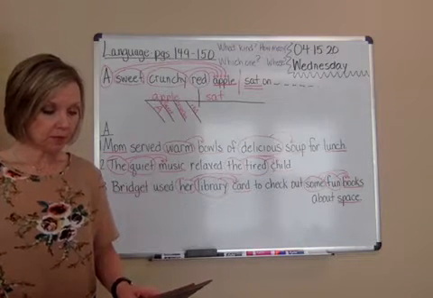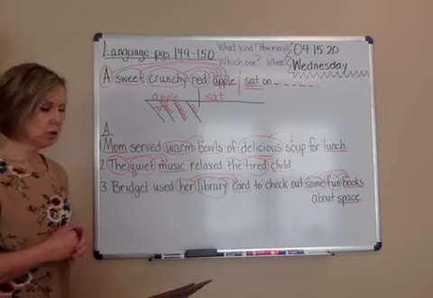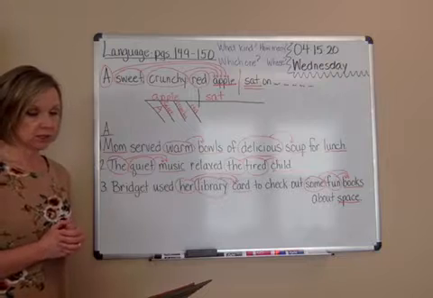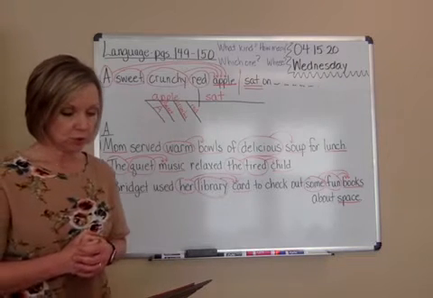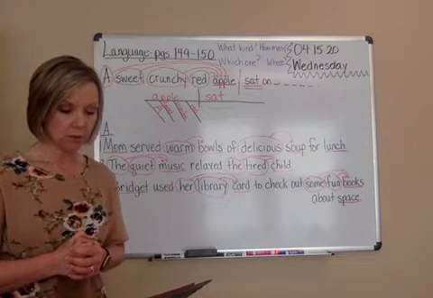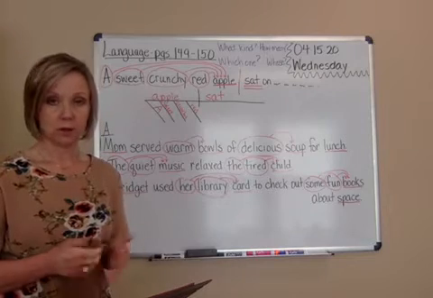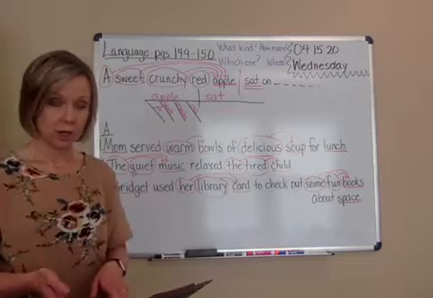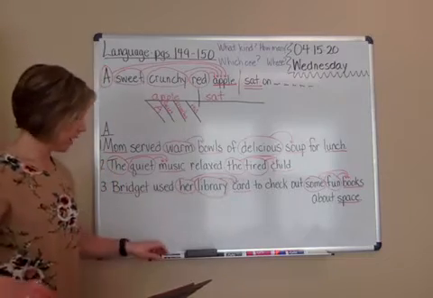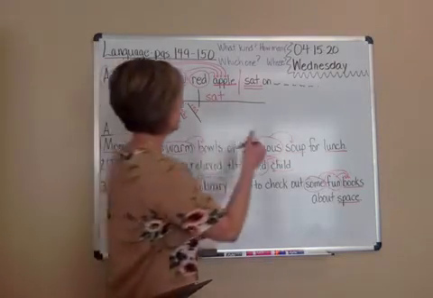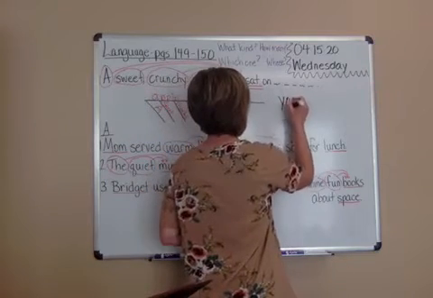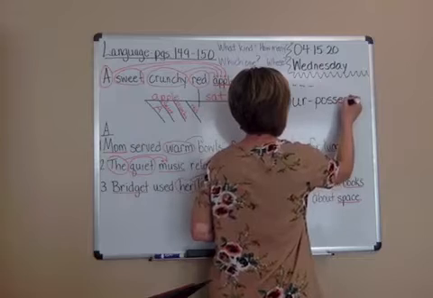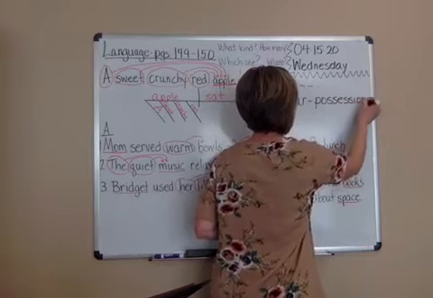Remember B, underline the correct word in parentheses. Let's look at number 1. Do you know if you're coming to my birthday party? Well, if I say you're, you don't know which one of those I mean, do you? So let's look. The Y-O-U-R shows possession. That is your pencil.